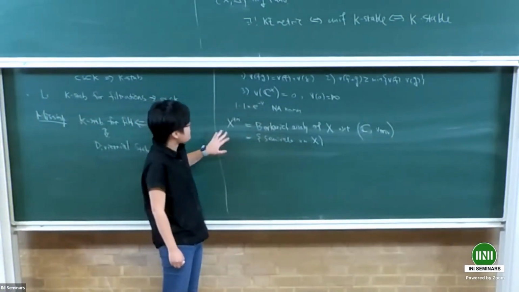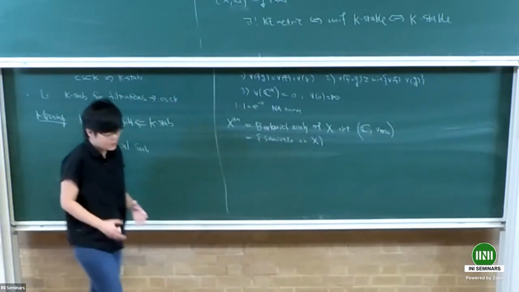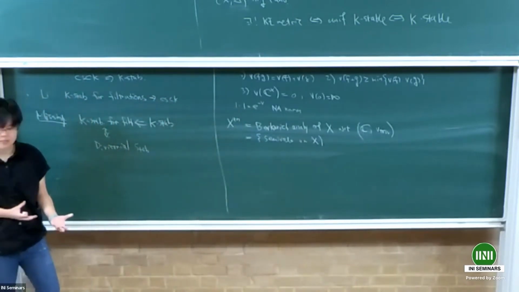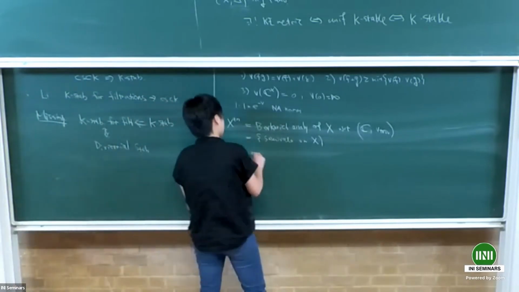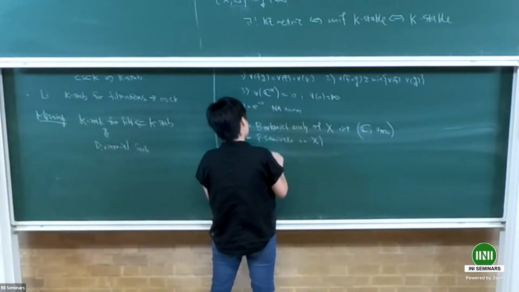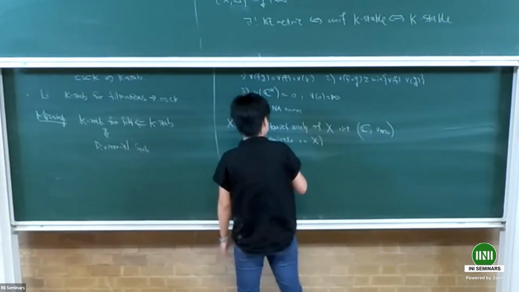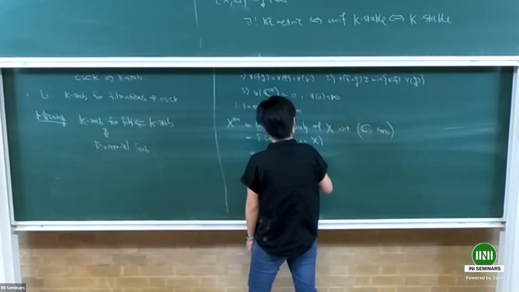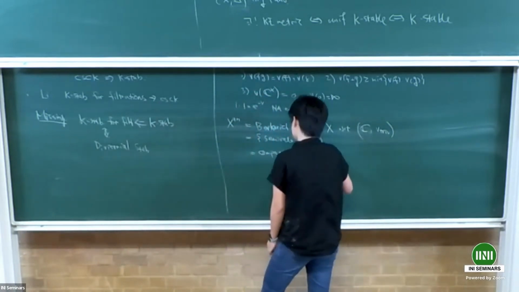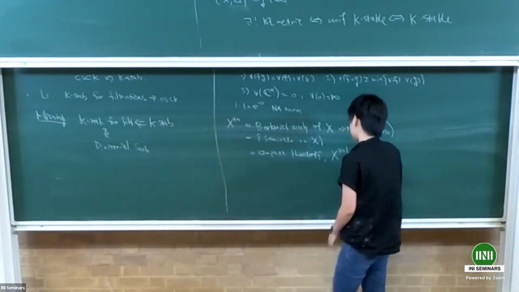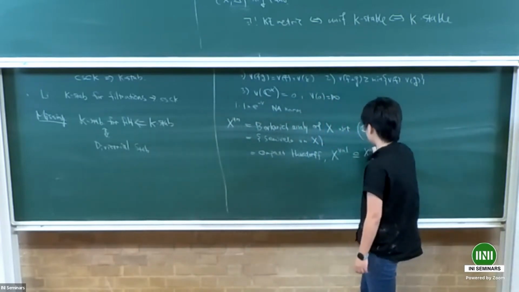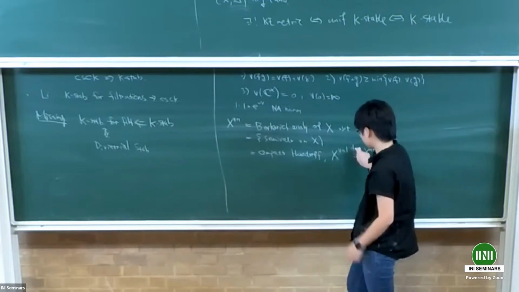And the reason that we work with this space is that it has very nice properties that your original X had. As a topological space, it's compact, Hausdorff. And also the space of valuations on X sits inside X^an as a dense subset.